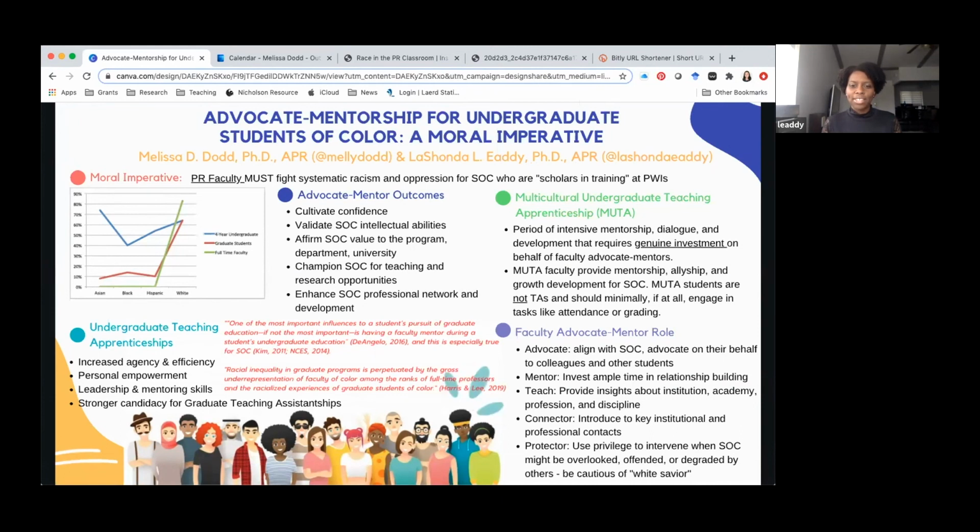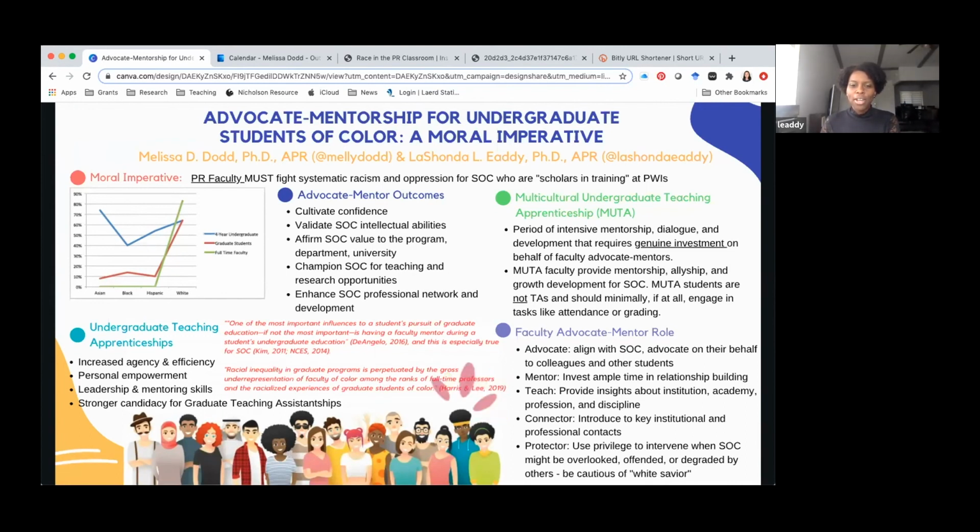And first is an advocate. So not only do you have to mentor and spend time with the students, but you also need to advocate for them, because oftentimes, especially in PWIs, that is really necessary. And having been a student of color at PWIs for each of my degrees, I definitely understand why that is important. And so that's an important role for the advocate mentor.